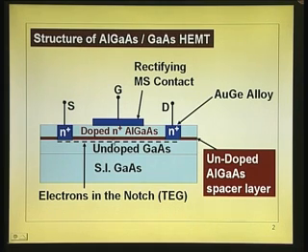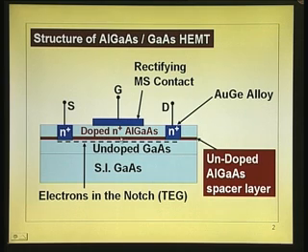Now, you can't make this too thick. People have seen that if you make it thicker, it is better. Why? If you make it thicker, there is less chance of these electrons coming under the effect of the dopants. So, you would like to make it thick, but the moment you make it thick, the total insulating layer thickness becomes more, and if it becomes more, Cs falls, transconductance falls.